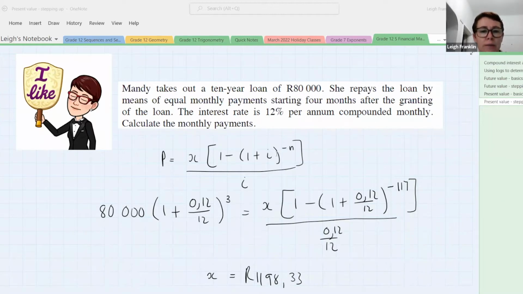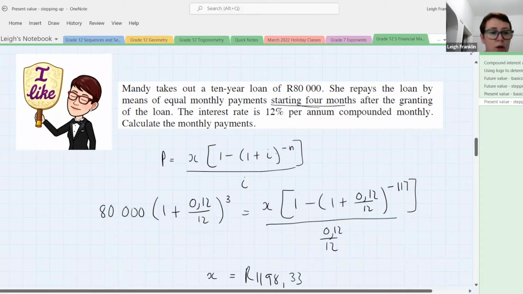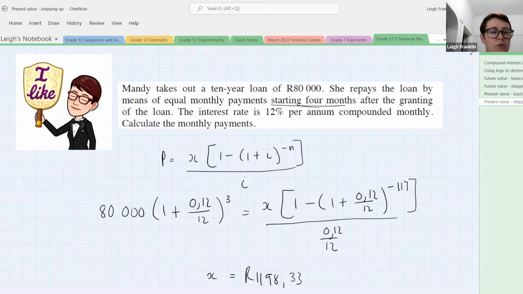So here, the loan needs to grow because she starts paying 4 months after the loan was granted, right? So in other words, the loan is granted and then it needs to grow for 3 months, and that's when she starts paying. So essentially here at T0, this is where the loan is granted, all right?